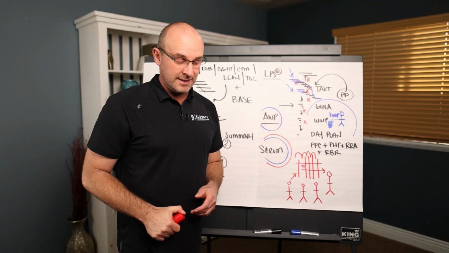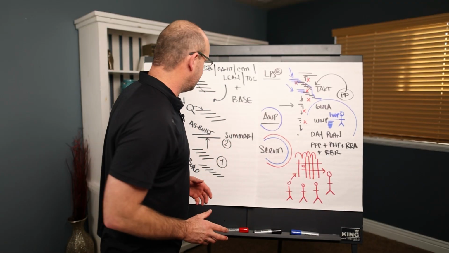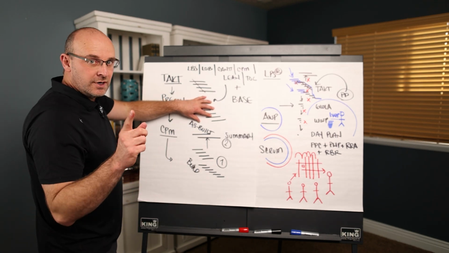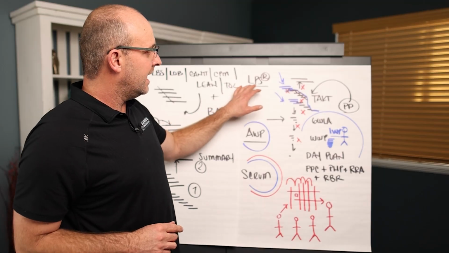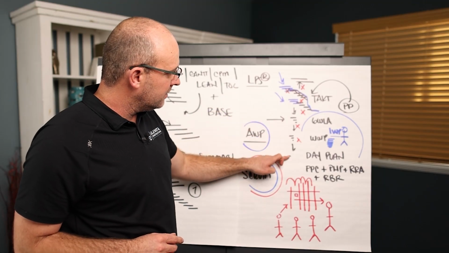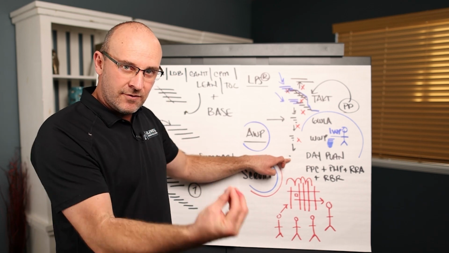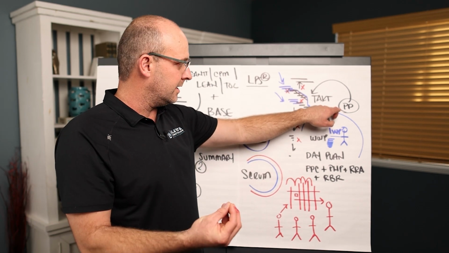So in summary, and typically on videos we don't do summaries because it's a bad practice, but I want to tie this together. Takt is your base, has to be pre-planned before you get a notice to proceed. CPM can be your summary. The Last Planner system allows you to get all of the deliverables to the trades and involve them, especially the pull plan, with their short interval production planning.